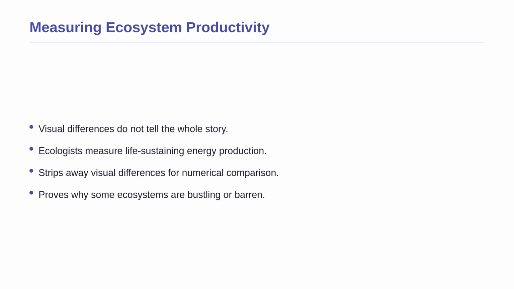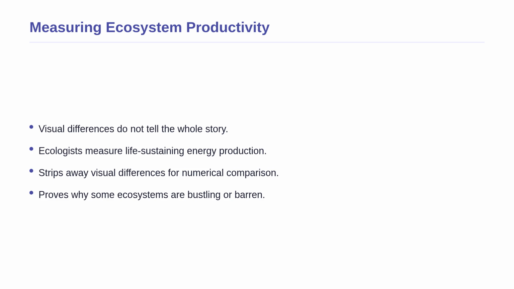While it is easy to see the visual differences between a forest and a desert, visual observation is not enough for science. To truly understand the difference between various types of ecosystems, ecologists measure how much life-sustaining energy each ecosystem can actually produce.